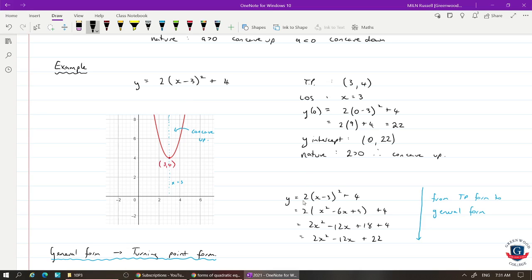And if we wanted to check what it would look like in standard form, just multiply this out. Expand the (x take 3) all squared.